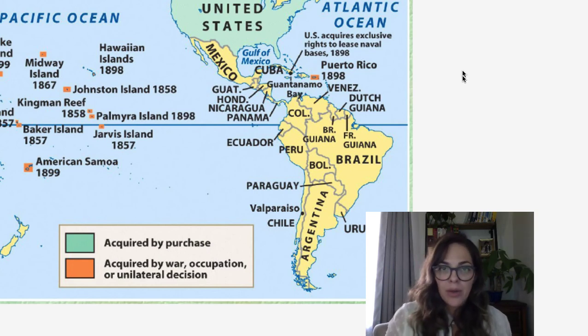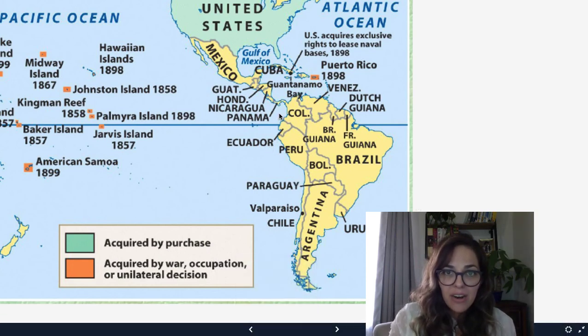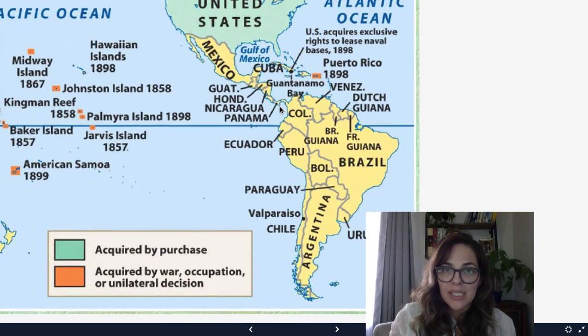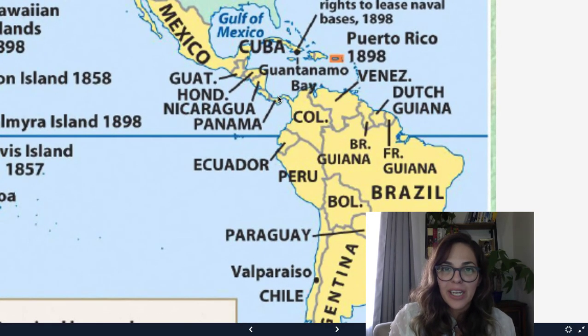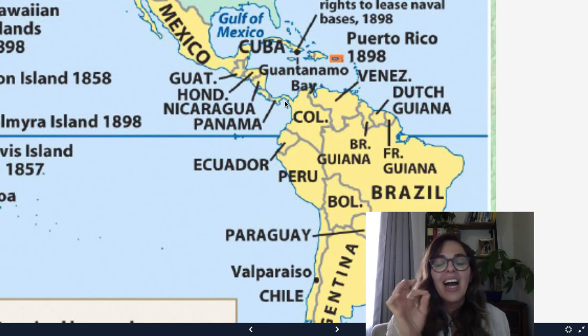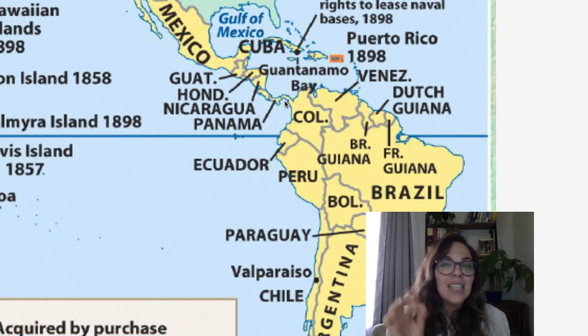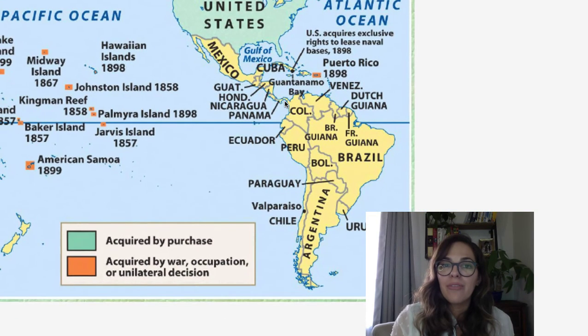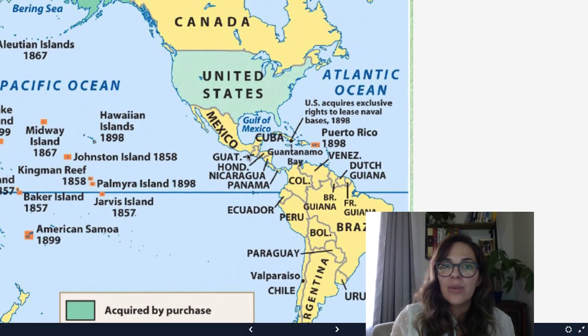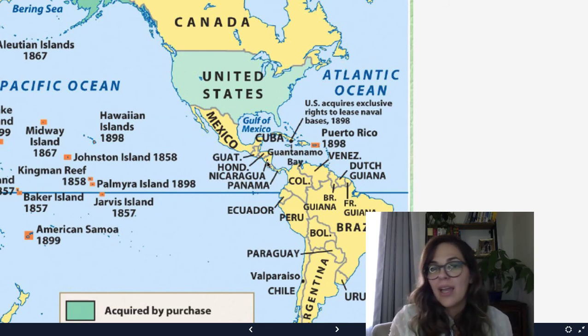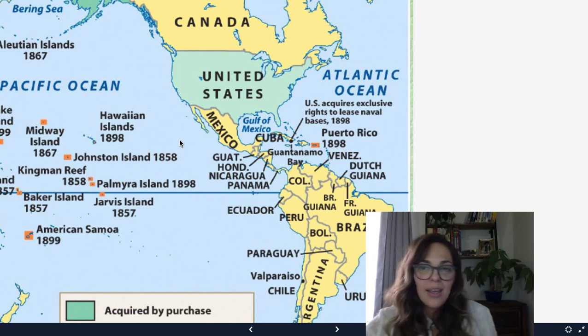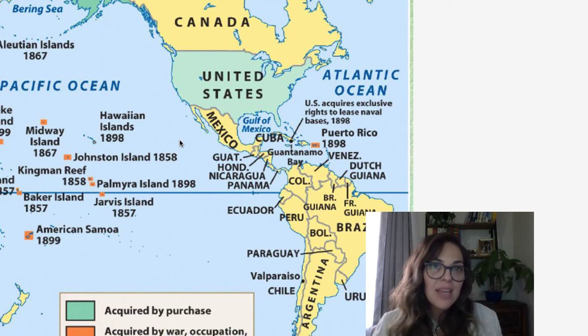Where is Panama located? Panama's located right here, in the isthmus, which is like a little shortcut area right there. If there was a canal built there, this would be great for the United States, because it would literally cut the travel time in half. You take that shortcut and you go this way and you go that way. It would make things a lot easier for the United States.